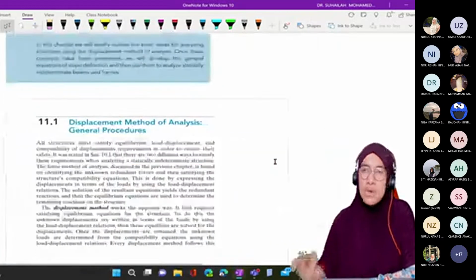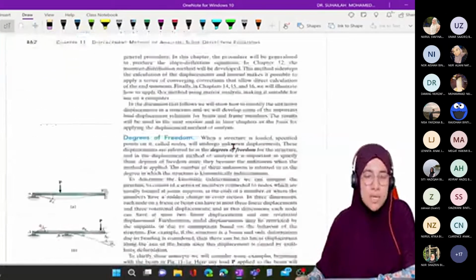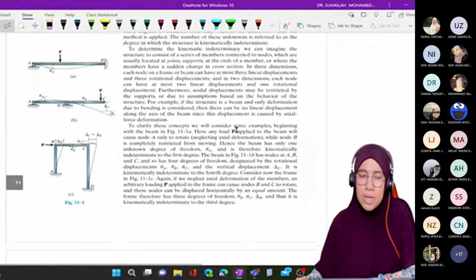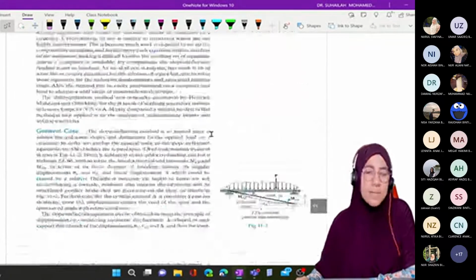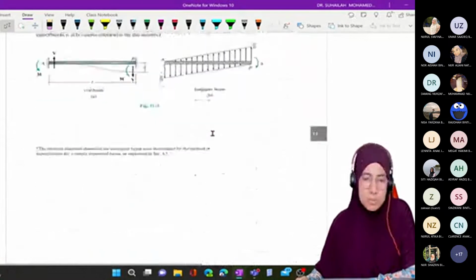For example, joint moment MBA plus MBC equals 0, all already discussed here. How are we going to identify whether the frame has side sway or not? That was also discussed in this topic, chapter number 11 in the textbook.